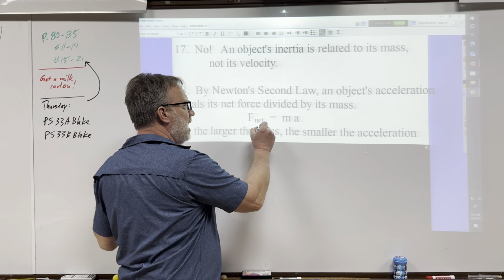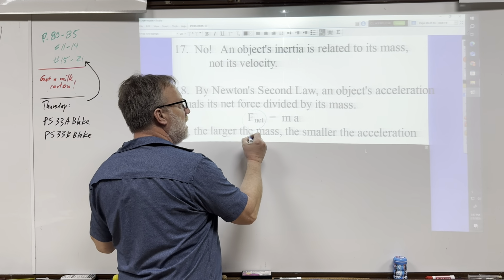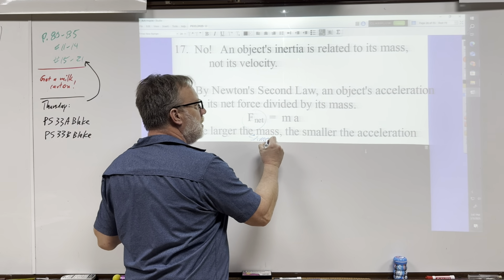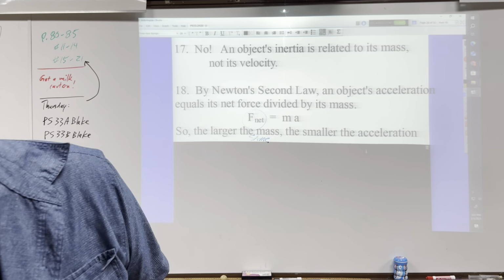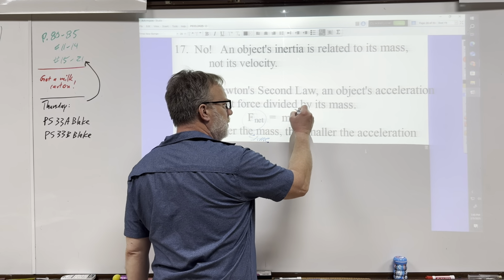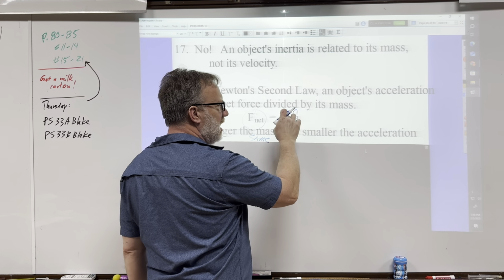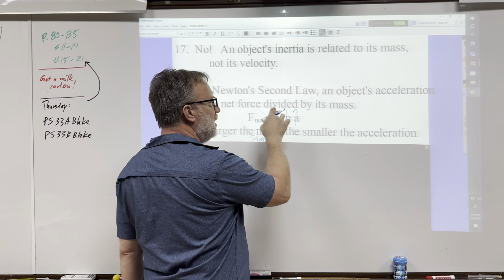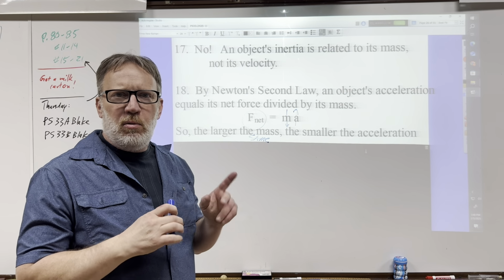If this force stayed the same, and the acceleration went up, it had to be because the mass was smaller, because if the mass doubled, the acceleration has to go to half, and 2 times a half is the same number. So they're inversely proportional.